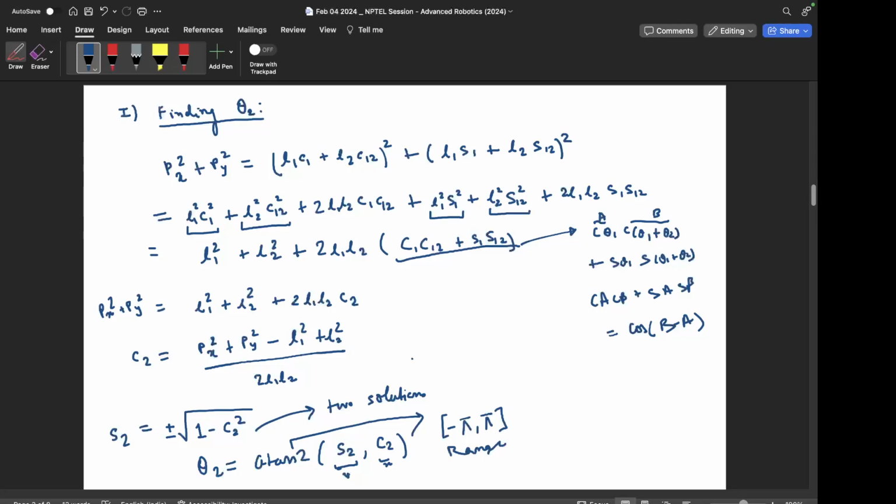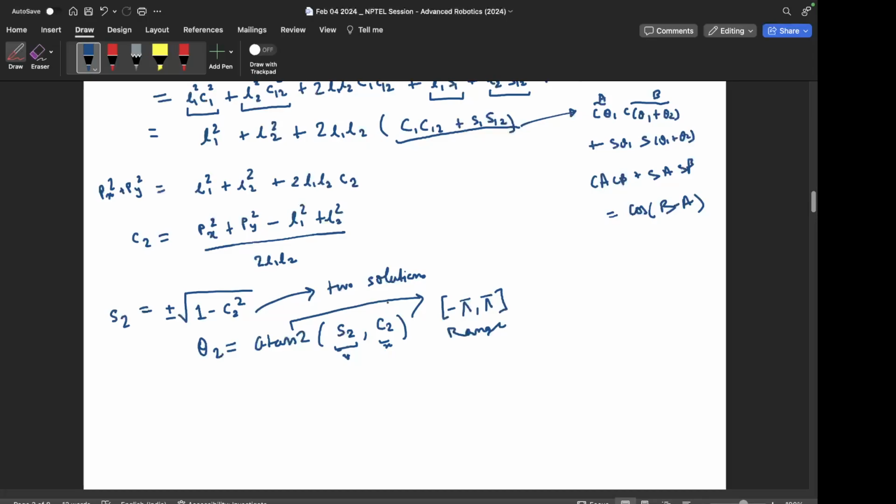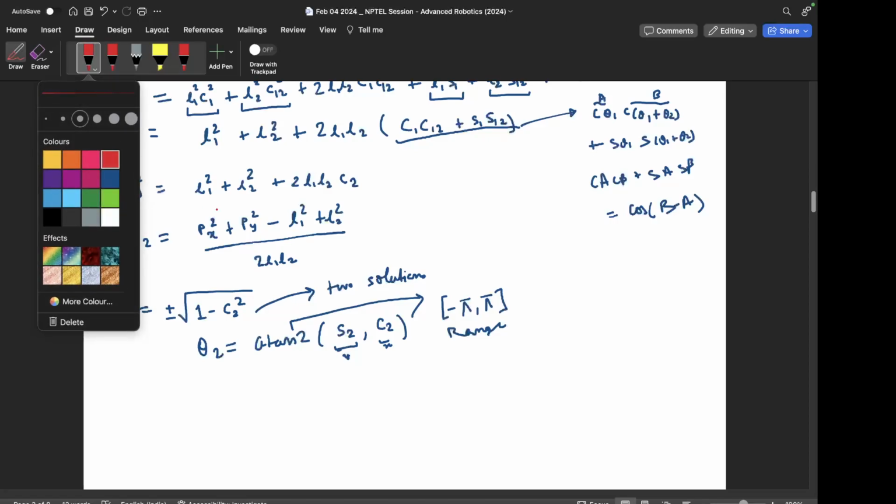Now we have a closed form expression for theta 2, and at this stage let's evaluate the expression for theta 2, right?